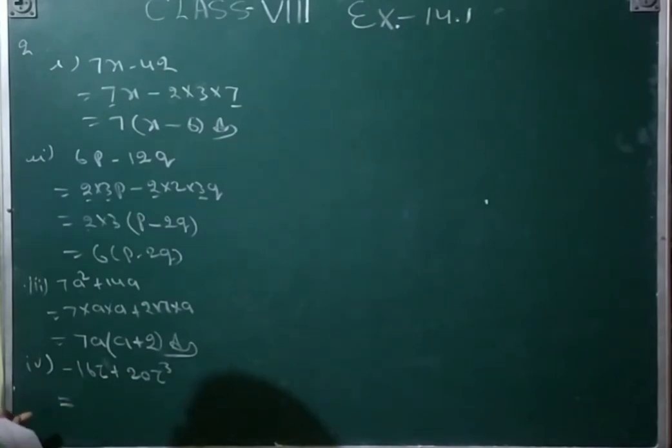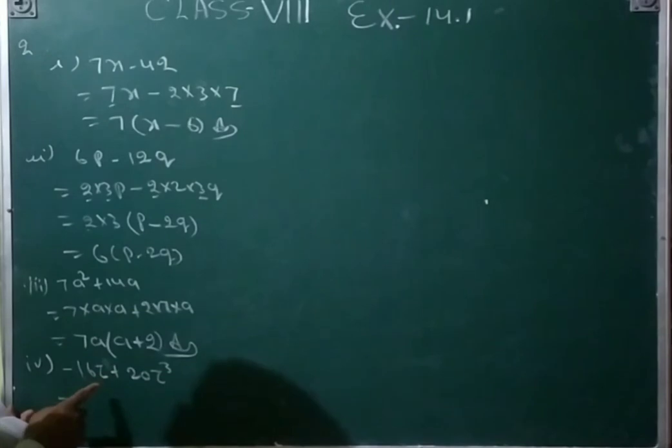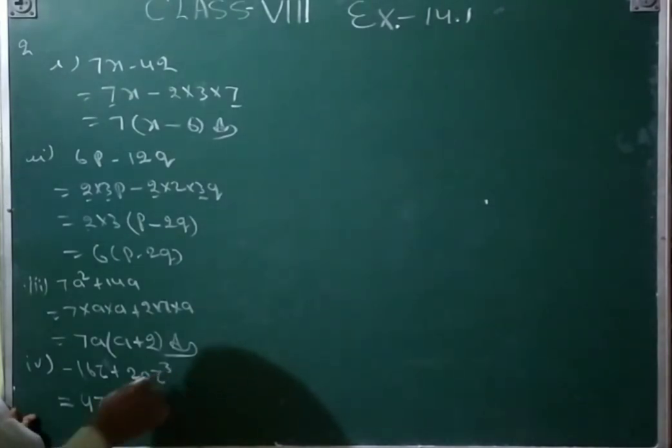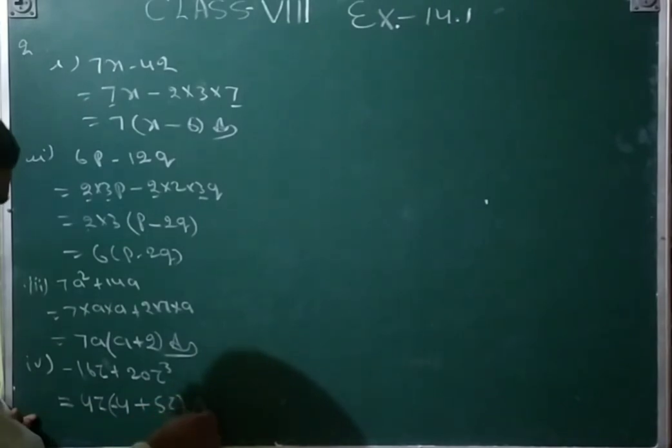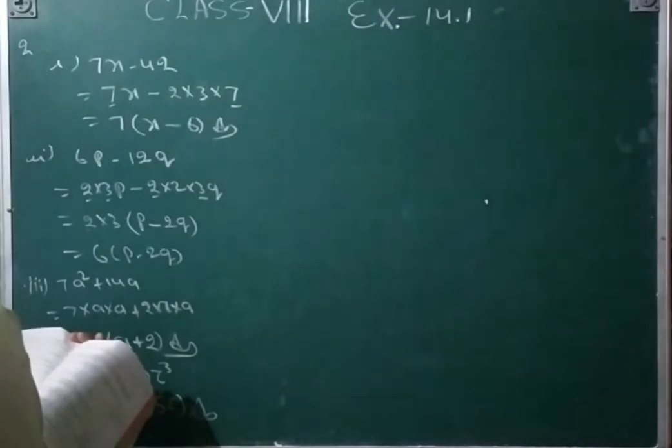Here we are looking for the maximum number that can divide 16 and 20, and z also. 4 can divide both: 4 fours are 16, and then plus, 4 fives are 20, and z three times is there, one time is outside, so what is left is z squared. This will be the answer. You can do it like this also.